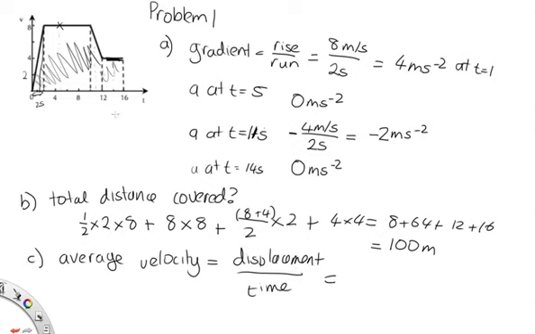So we have to find the displacement in the first 10 seconds, which is in this part here. So we just need to include the triangle and the rectangle. So that is the 8 plus 64, which gives us 72 over the 10. That's meters, that's in seconds. And so this gives us 7.2 meters per second.